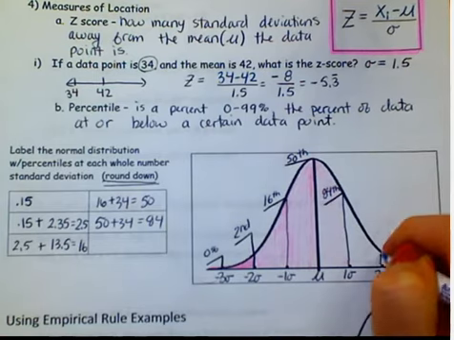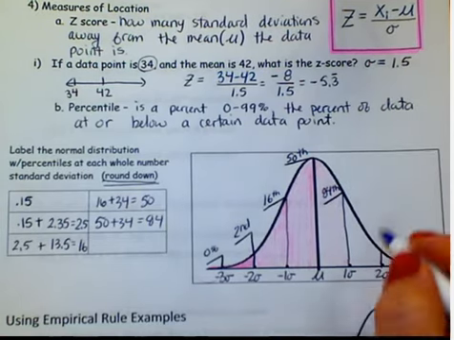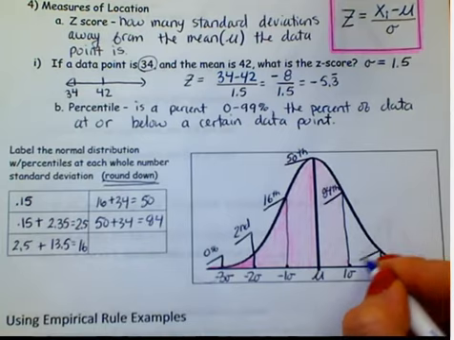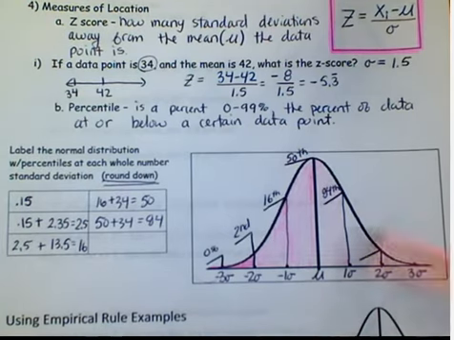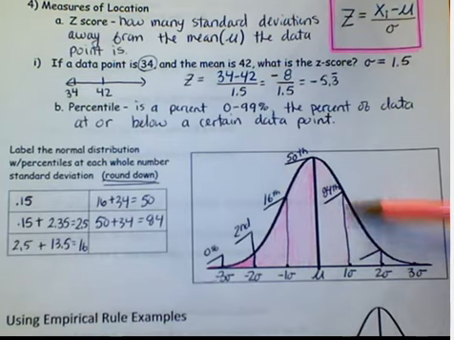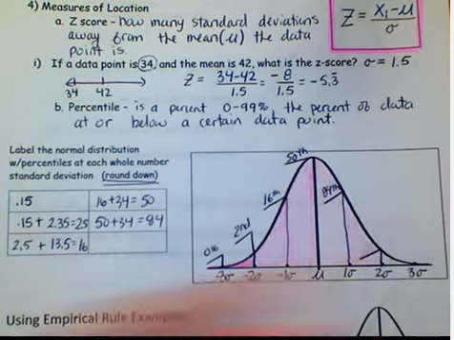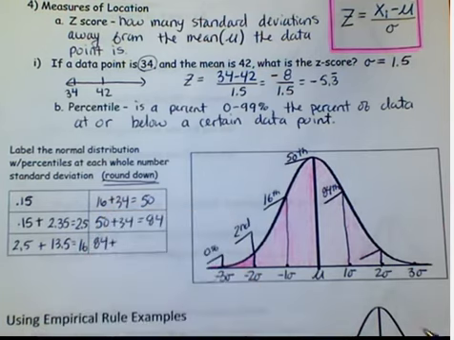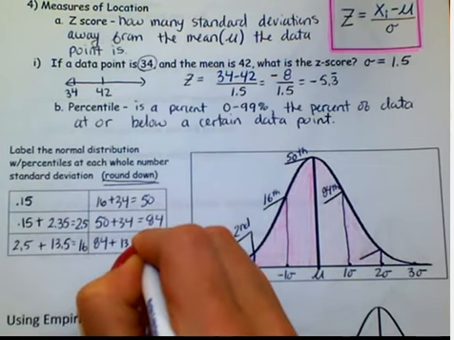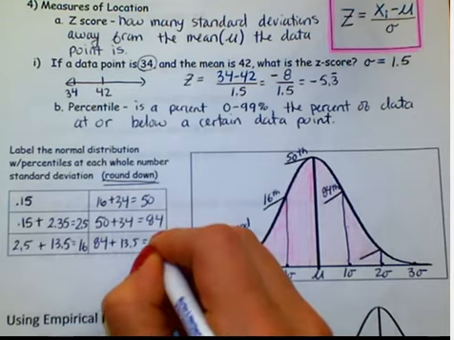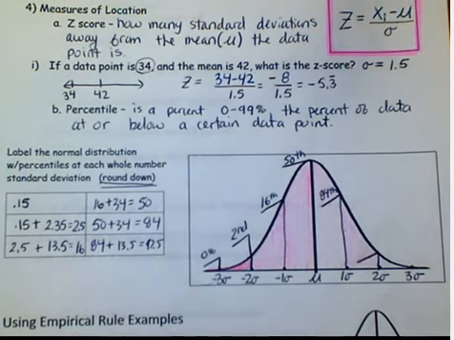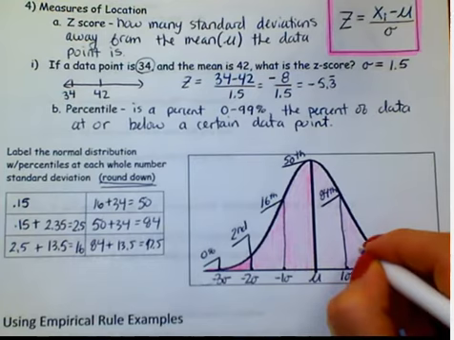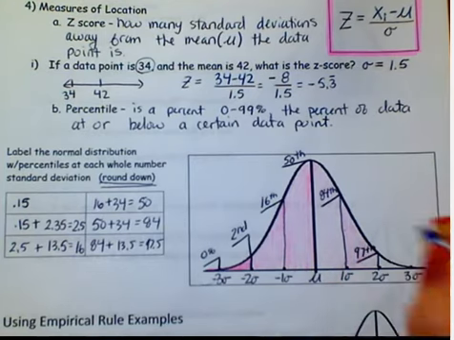All right, 2 standard deviations. We've got this section. I have to add more data points. So I check, my number is 84 plus 13.5 and 97.5. That is round down. So that is the 97th percentile.